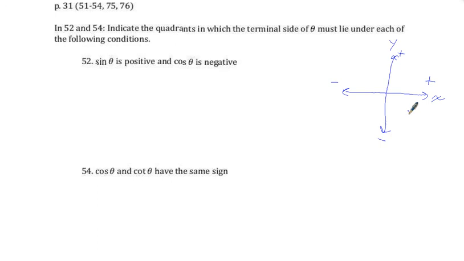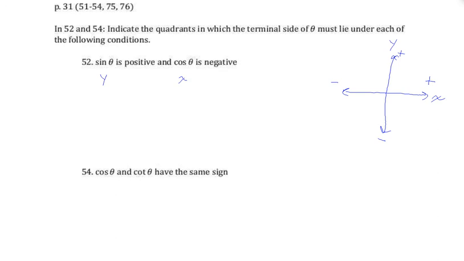So with that information, we think about sine, and we remember that sine is the y value over the hypotenuse. Cosine is the x value over the hypotenuse, which is made up of the angle, the terminal side of that angle. So for this sake, we'll look at sine being y, cosine being x.